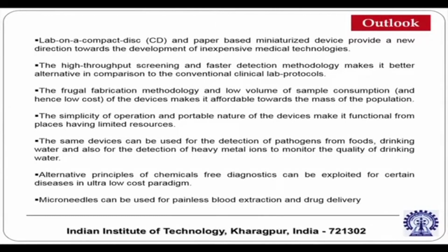Alternative principles of chemical free diagnostics can be exploited for certain diseases, as I have discussed, that certain diseases will alter the morphology and the rheology of the blood sample, and then that will change certain fluid flow characteristics.